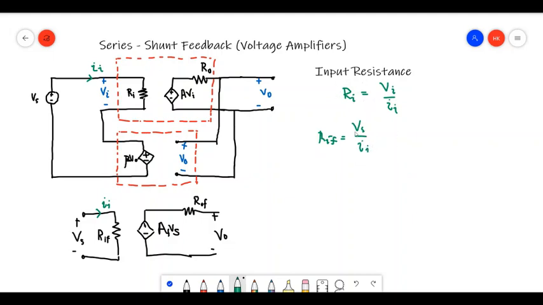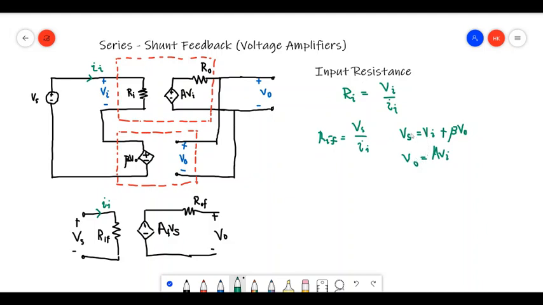From the feedback system, we can write Vs equal to Vi plus beta Vo, and we know that Vo is equal to A times Vi.